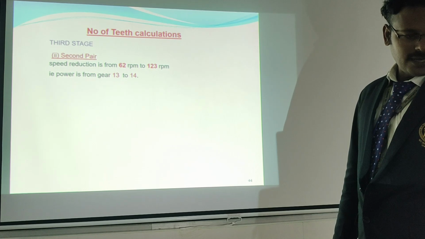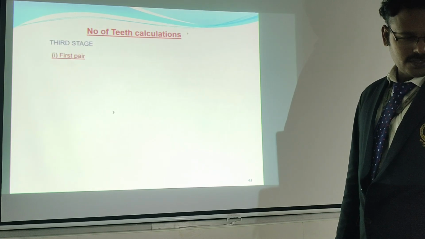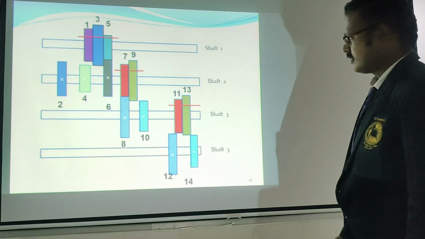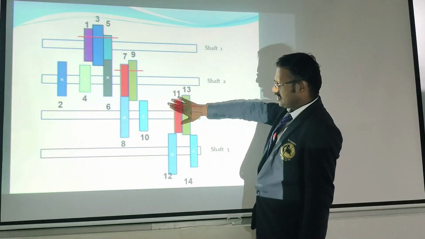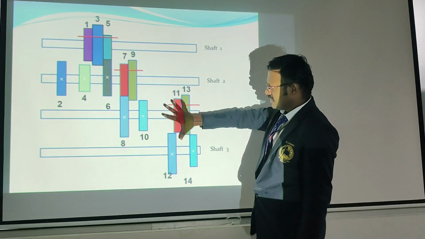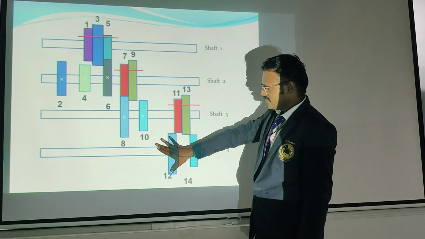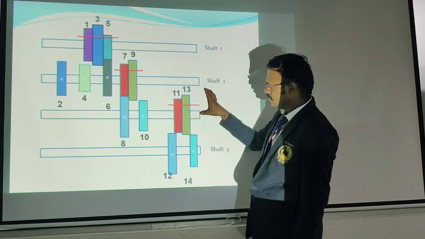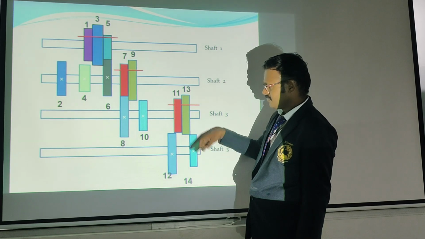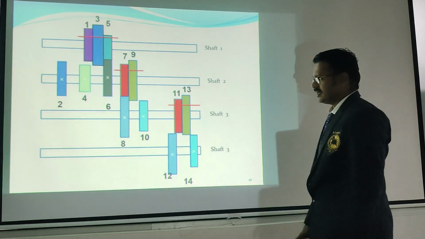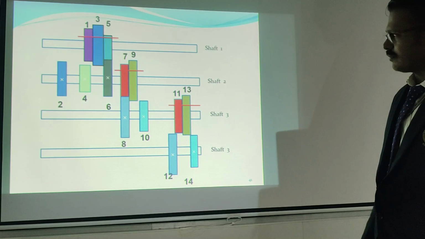In kinematic diagram, we can use one thing. If two gears are paired each other, Z11 plus Z12 will be equal to Z13 plus Z14. That rule is there. By using that formula, we can proceed further.